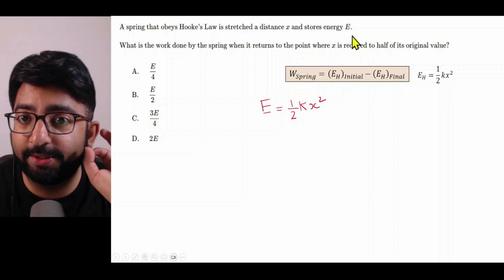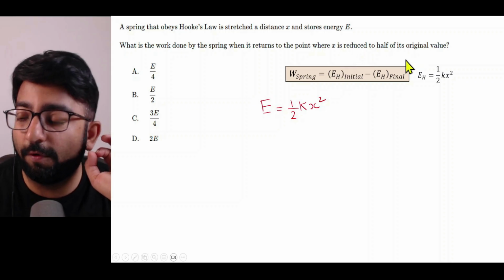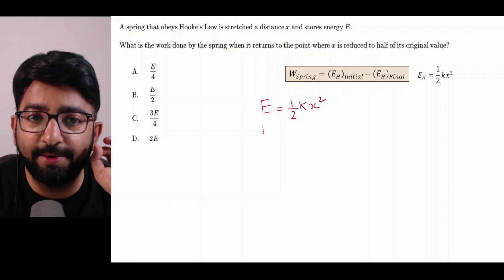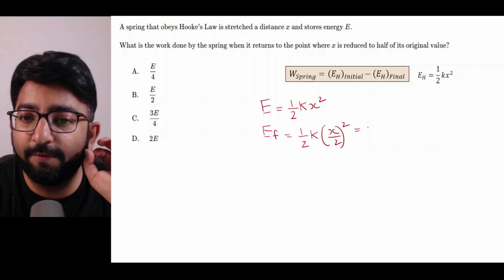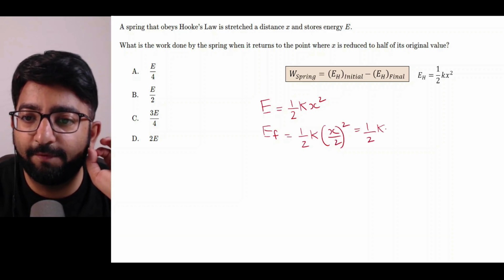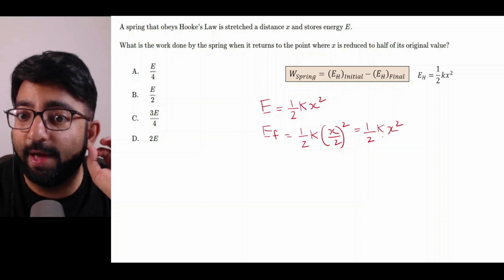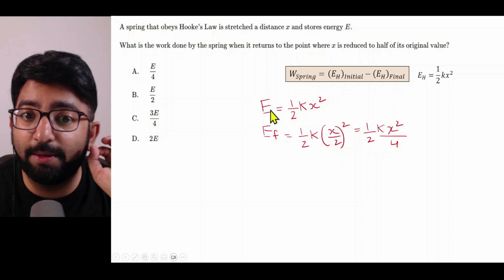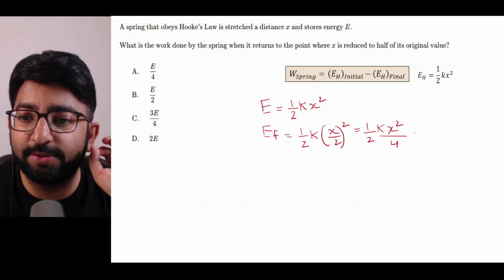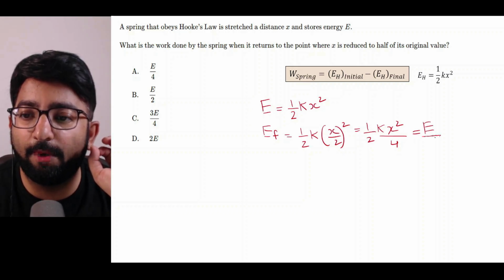In the final situation, x reduces to half of its original value. So the final energy, let us write EF, will be equal to half k times x by 2 squared. Now, if we simplify this, we'll get half kx square and then we'll have a 4 in the denominator. Now, half kx square is nothing but E. So the final energy we can write is E upon 4.